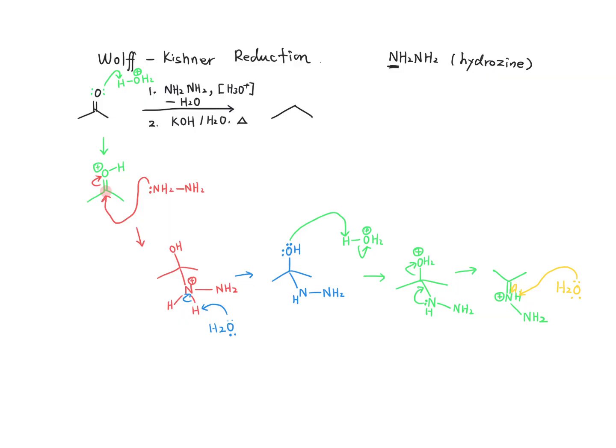So water comes in and that gives us a neutral species. This molecule will have a nitrogen-carbon double bond, and the nitrogen still will have an NH2 connected to it. Let me write this out, showing the bond right here.